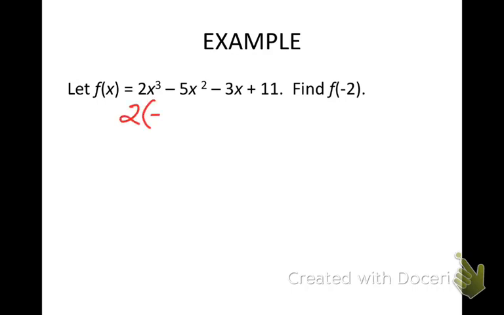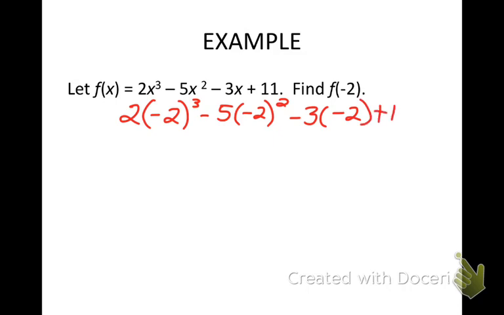Back when we were in our Algebra 1 days, we would do 2 times negative 2 to the third minus 5 times negative 2 squared minus 3 times negative 2 plus 11, right? And then maybe 2% of you would make some type of arithmetic error. 3% of you guys would do your order of operations incorrectly, so you might get this evaluated incorrectly, okay?